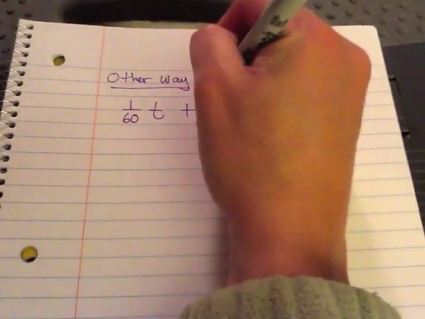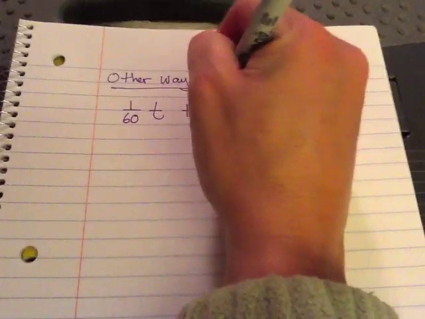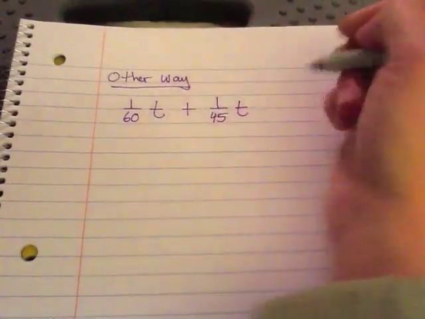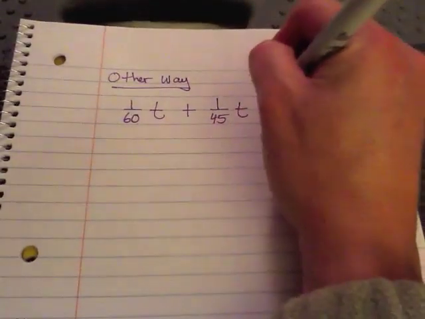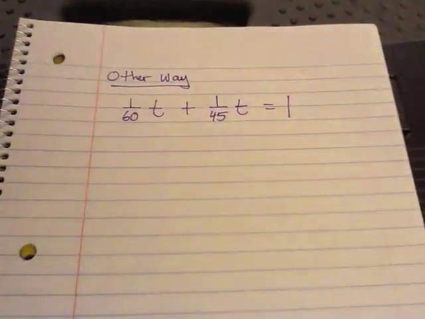It said that Max can do the job in 60 minutes. So he is going to be doing 1/60th of the time they're going to work together. Kayla's going to be doing 1/45th of the time they work together. And that's going to total 1 whole car.